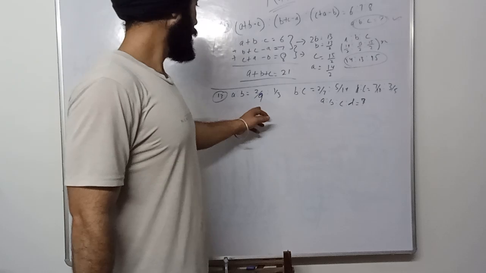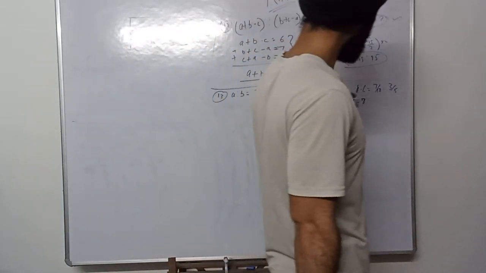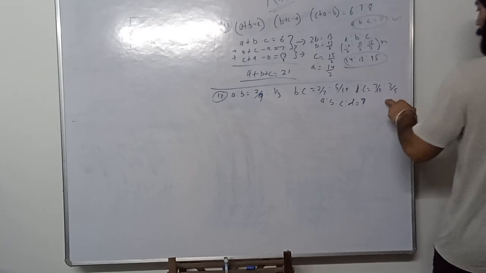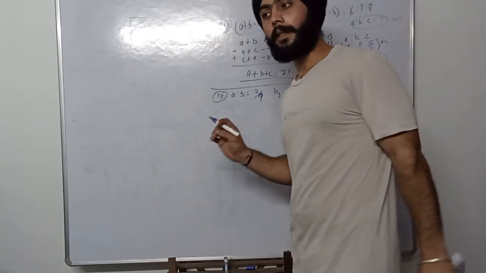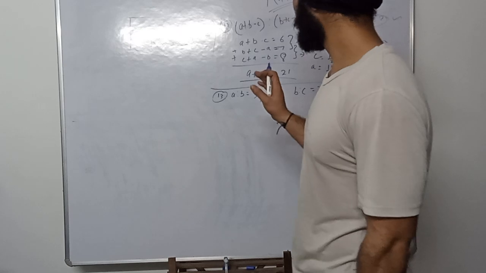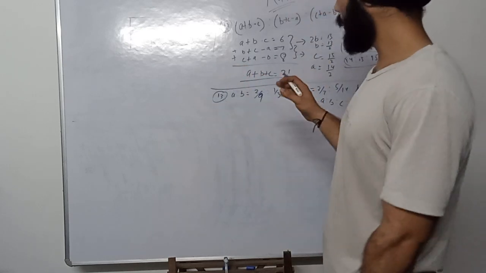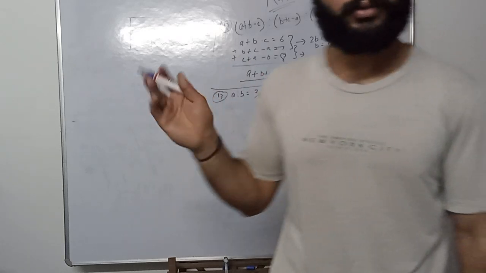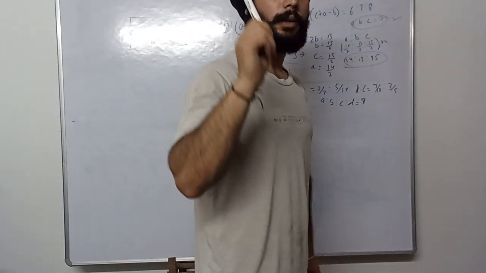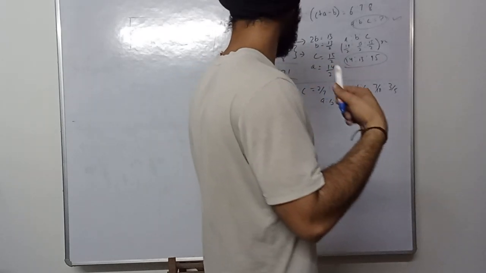So we will multiply by 9, by 14, and by 10. By doing this, we will not get any fractional values. We will get the exact values, and then by using the A ratio B ratio C ratio D formula that we have done in the first question, we will get this answer.